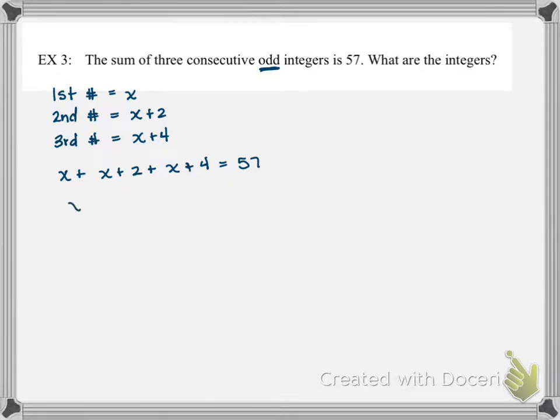And that gives us 3x plus 6 equals 57, and the solution to that is x equals 17, yeah? Anybody want me to go through that slower? Okay. So 17, 19, and 21. Good? Beautiful.